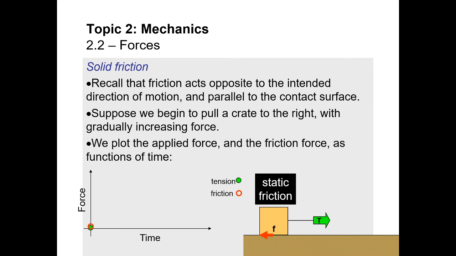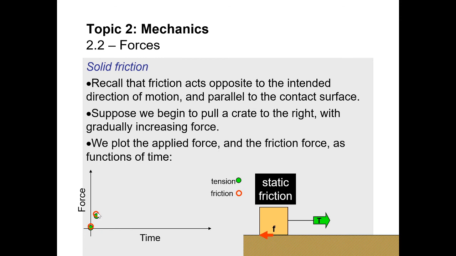You're just too massive. But they're still applying a force. That means there's some kind of resistance between the bottom wheels or legs of the chair and the ground.